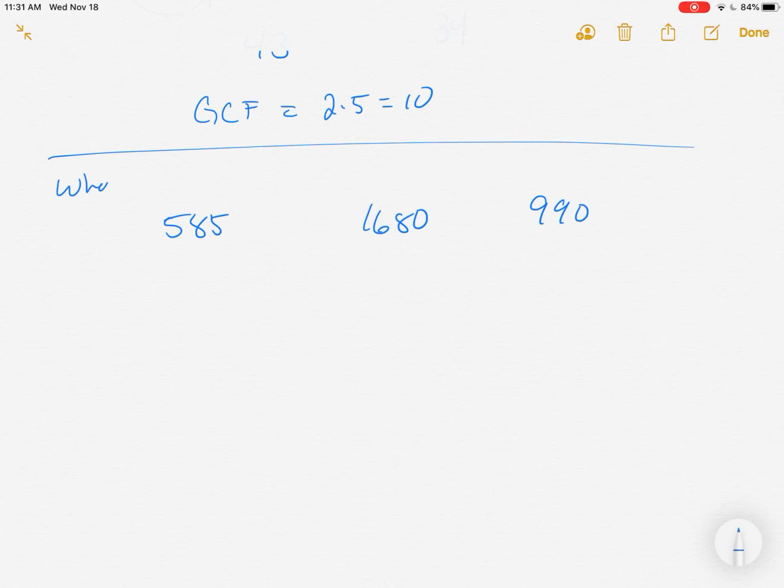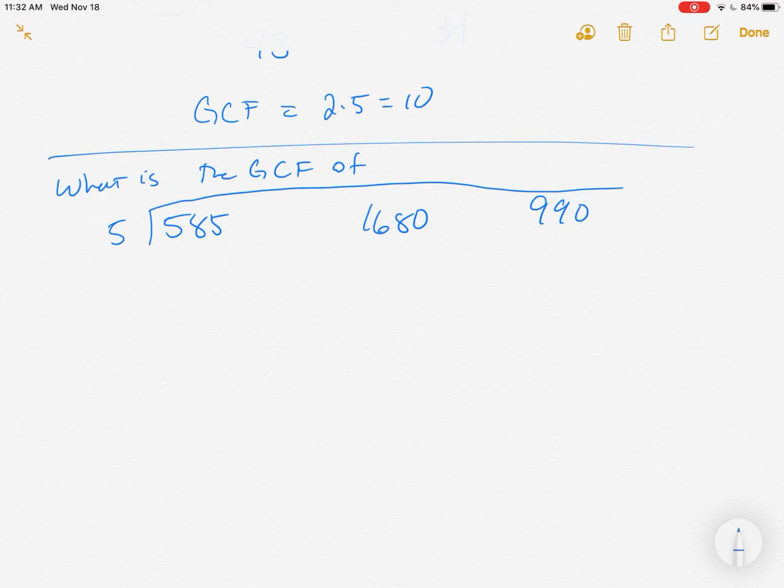What is the GCF of the 585, the 1680, and the 990? So I haven't done this one. I didn't see it in the actual online homework, but it's here in the written homework. But I want to have one that's big where we could practice with it.